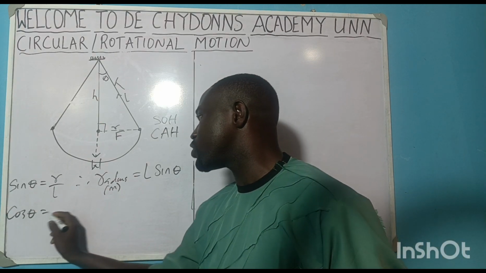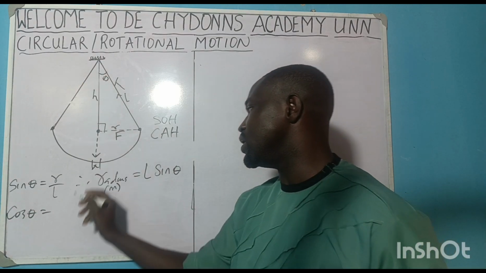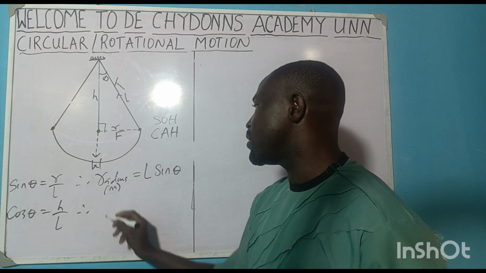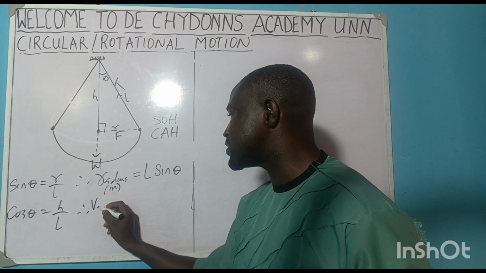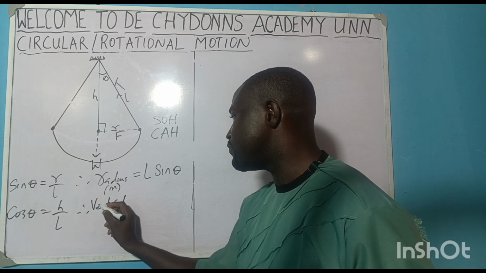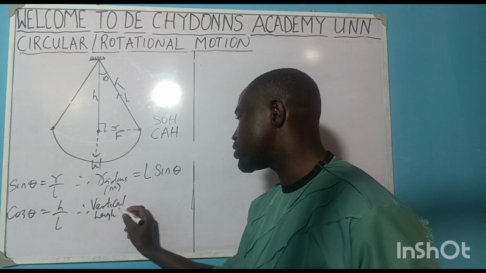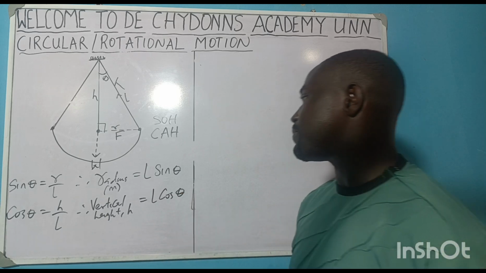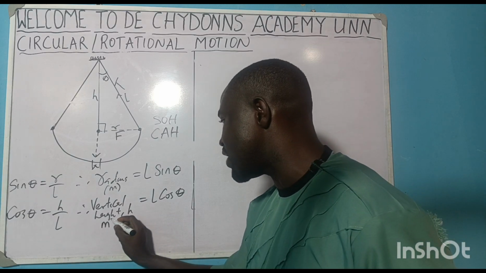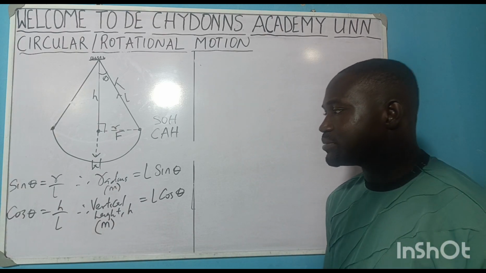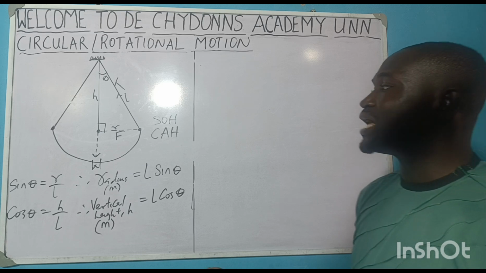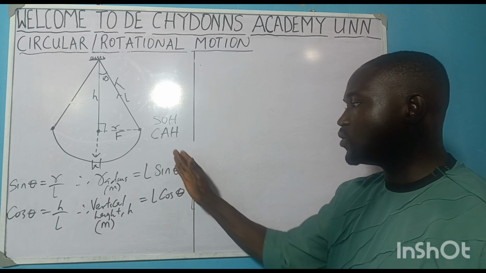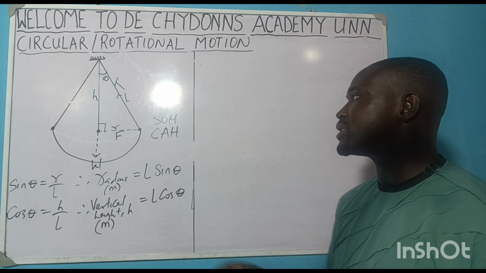Cos theta equals adjacent, which is h, over the hypotenuse, which is L. Therefore, the vertical height h is equal to L cos theta. The SI unit is meter, other units can be centimeter and so on. So in terms of the heights or length, like radius or vertical height, look at the formula you have to use to sort it out.